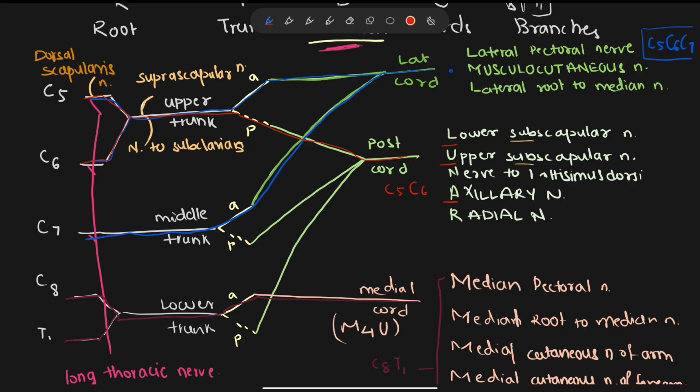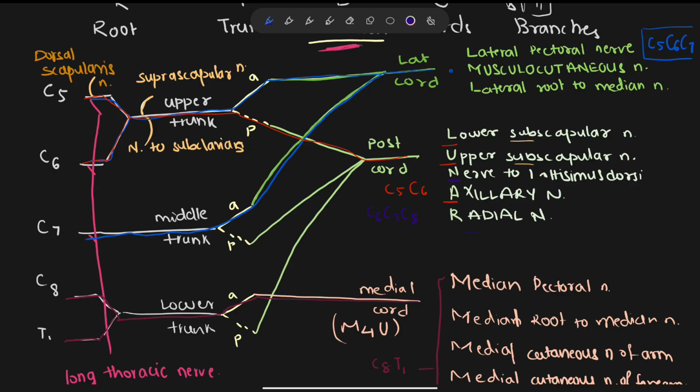Now comes N. Here is N, the nerve to latissimus dorsi. It will come from C5, no, C6, C7, and C8. Okay, C6, C7, C8.